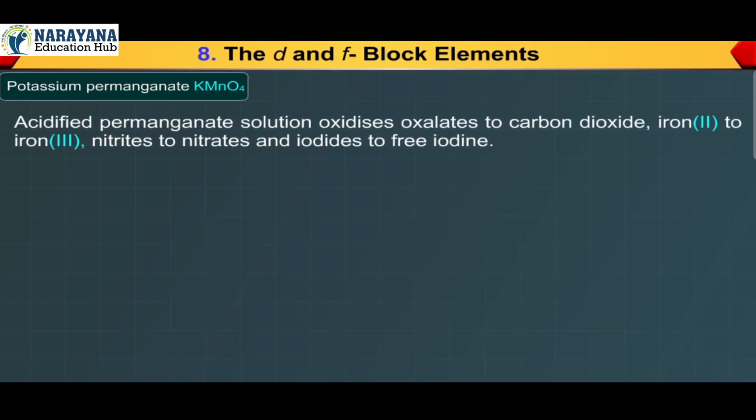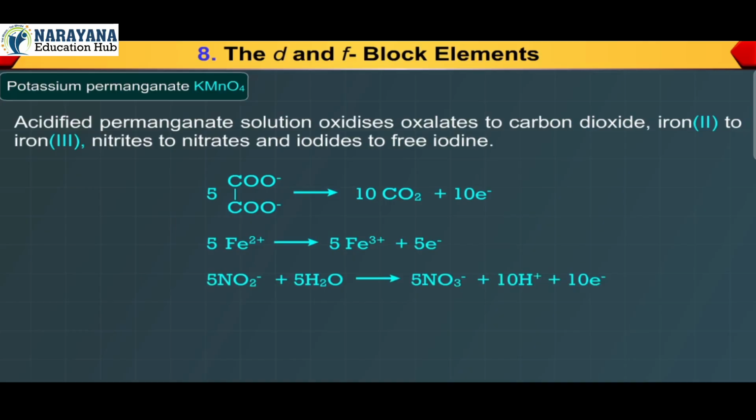electron. Acidified permanganate solution oxidizes oxalates to carbon dioxide, iron(II) to iron(III), nitrites to nitrates, and iodides to free iodine.